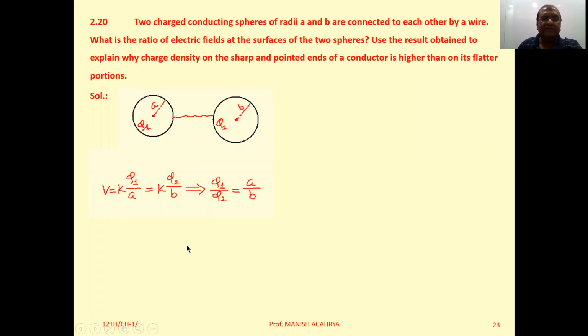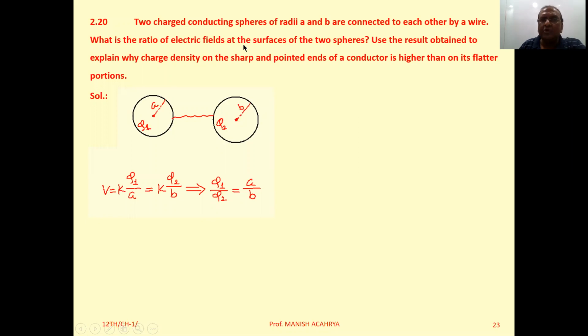So we can write the potential at the surface of both, which is the same: K Q1 upon A for the first sphere is equal to K Q2 upon B for the second sphere. K cancelled. So Q1 upon Q2 is equal to A by B.